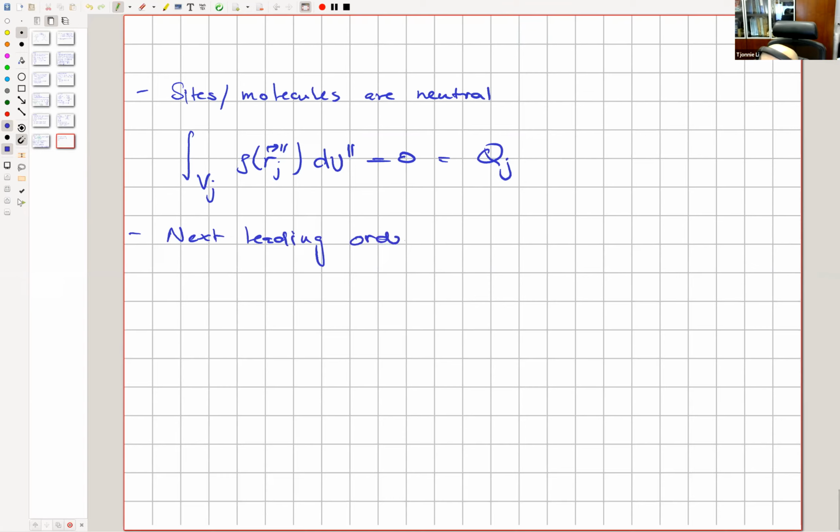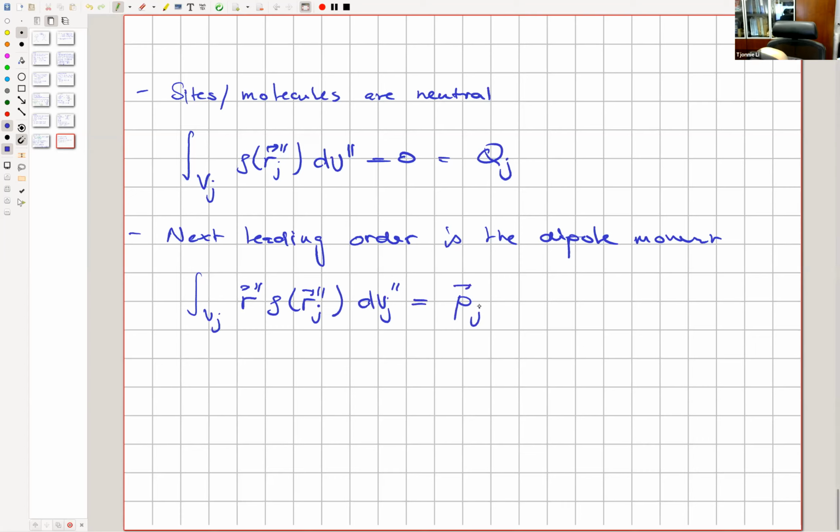is the dipole. It's the dipole moment, where I just get the integral over Vj of r double prime rho of r double prime j dvj double prime equals pj. So this is the dipole moment for the jth atom or molecule.